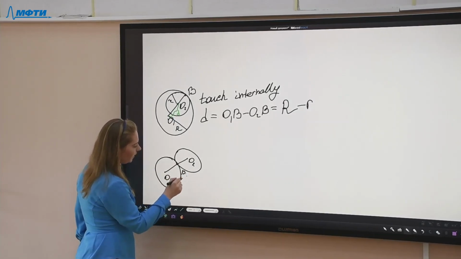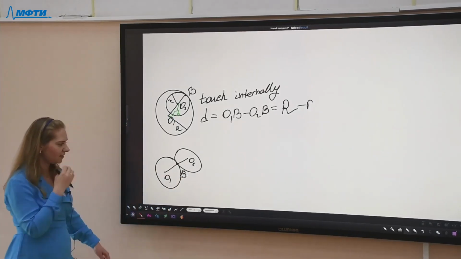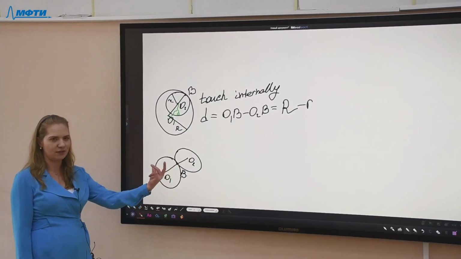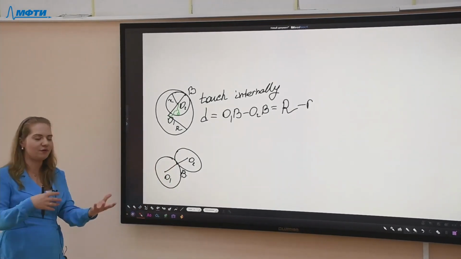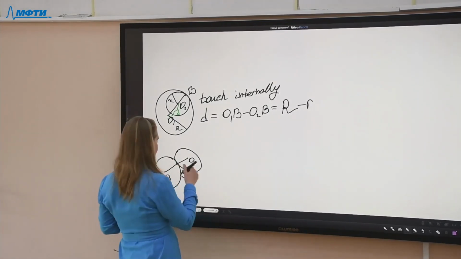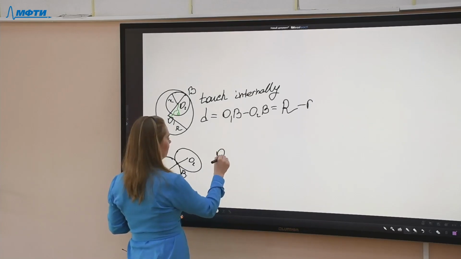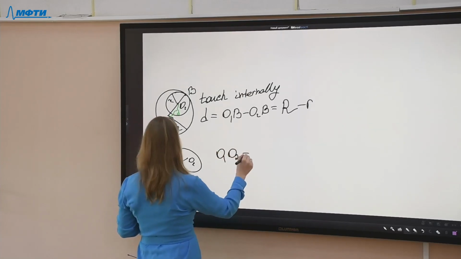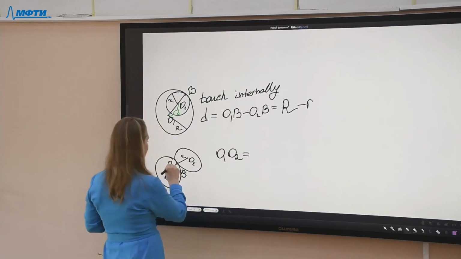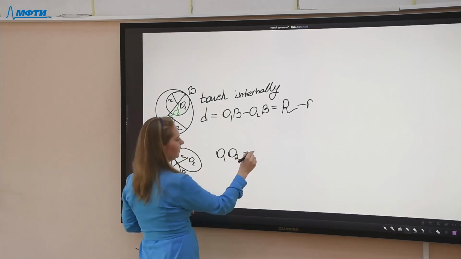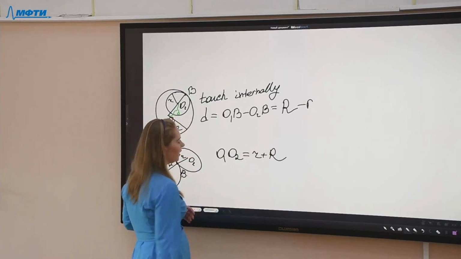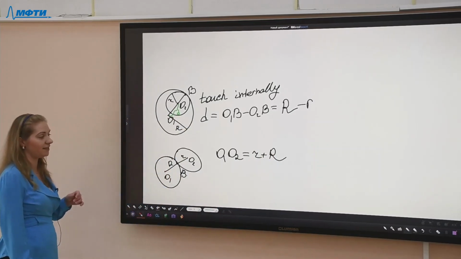If we want to find the distance between the centers of these two circles, it will be the sum of their radii. So O1O2 is R, the radius of this circle, plus R, the radius of this circle.